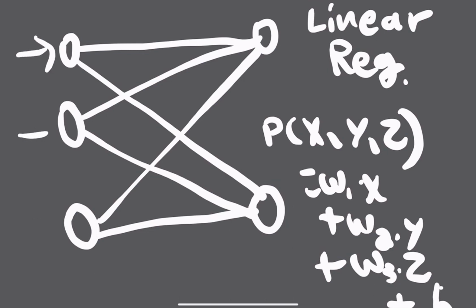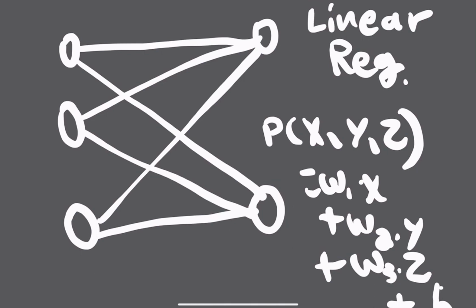And what each node in the following layer does, right? So this node here and this node here, since each of those nodes is fully connected, right? Each of those nodes is connected to each of the input attributes. Each node is actually just doing its own linear regression, right?